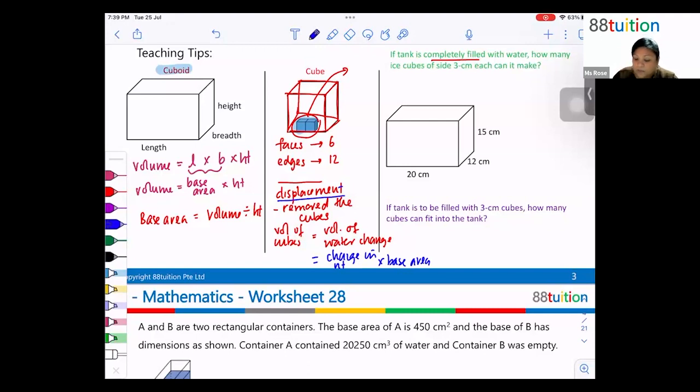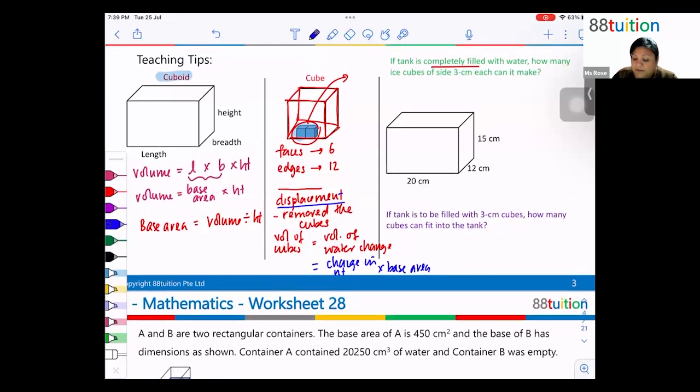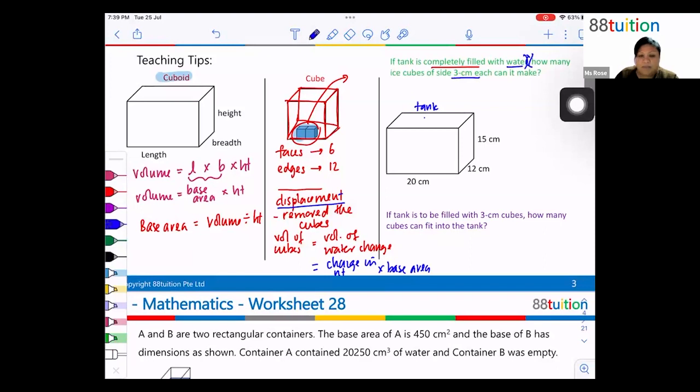Okay, now we have another volume question. A typical volume question can be of two types. If I have a tank like this, and the tank is completely filled with water, how many cubes of size 3 cm each can it make? So you want to make ice cubes of 3 cm. First, you need to find the volume of the ice cubes that you want to make.